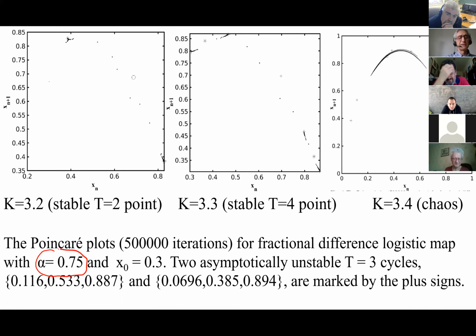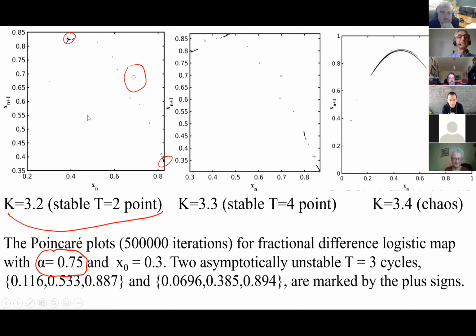In all cases, alpha is 0.75, and the first case corresponds to a stable period 2 solution, and those stars are calculated using my formulas that I derived. And this is the fixed point, and here are results obtained over 500,000 iterations. So there are 500,000 points, but you see that quite fast convergence to period 2 points occurs.